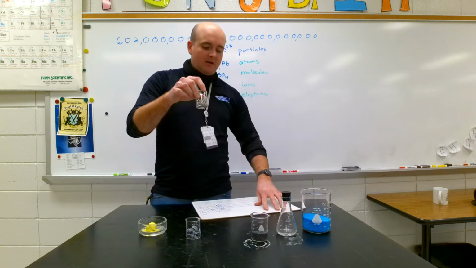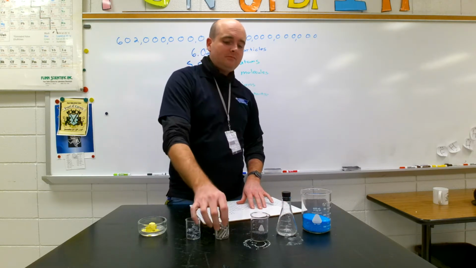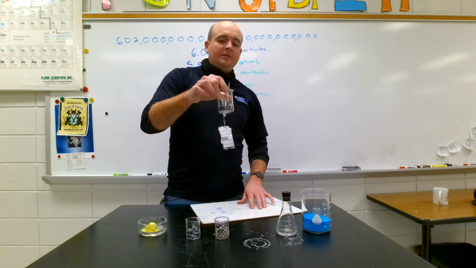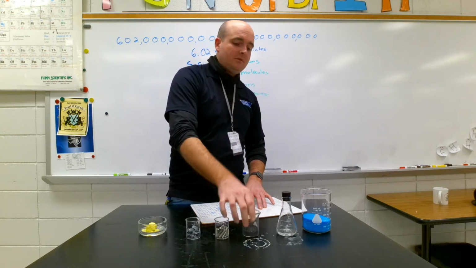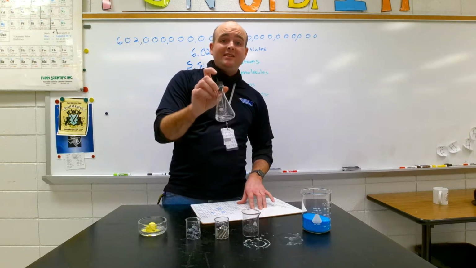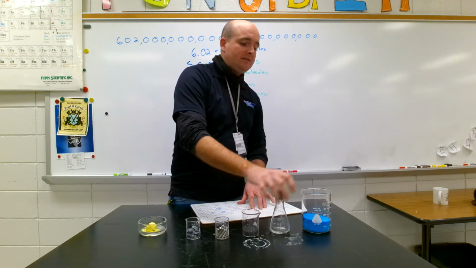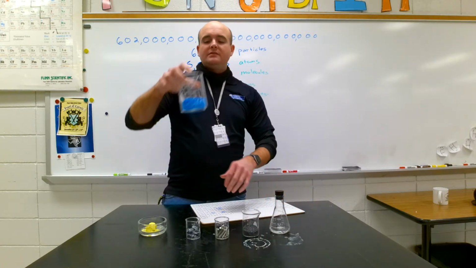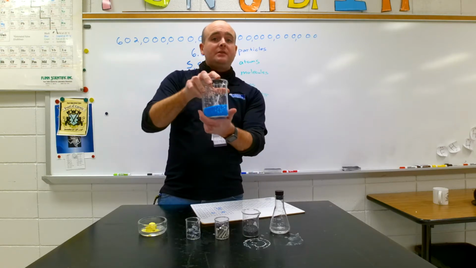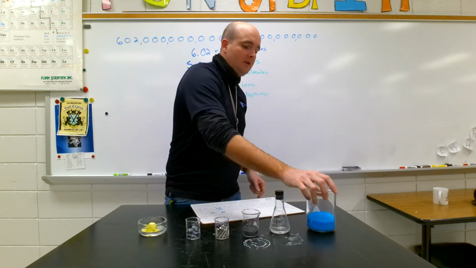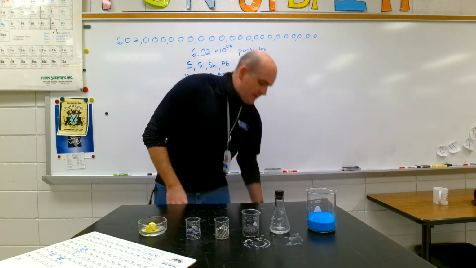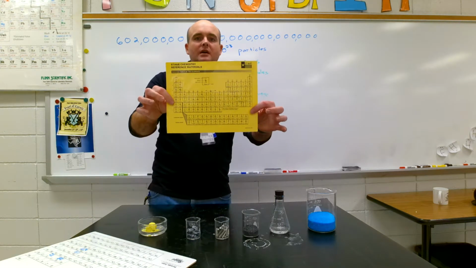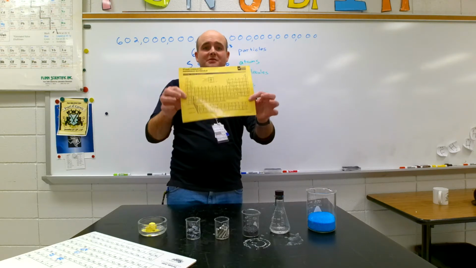Tin, there are 118. And lead, that's 207 grams. Water, 18 grams. Probably the lightest of these. And then copper sulfate, 250 grams. So we'll show you how we find that, but essentially you just go straight to your chart. Okay.